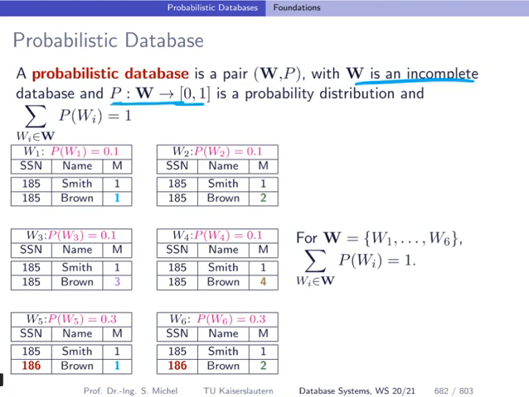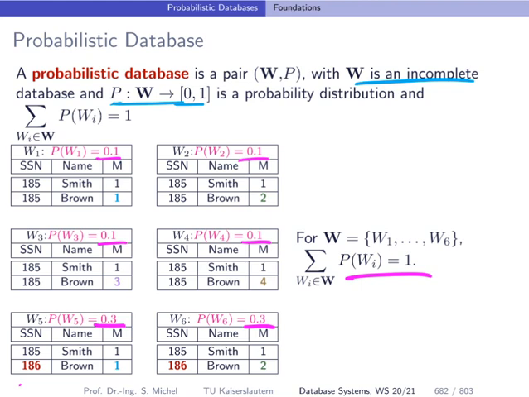For instance, if we now assume that these are the 6 worlds and they are complete, so there are no dots here at the bottom, then we can model it like this, that the first world has the probability of 0.1. Here we also have 0.1, 0.1, 0.1, 0.3 and 0.3. And it's not difficult to see that these are adding up to 1. So the sum over the probabilities of these worlds is 1.